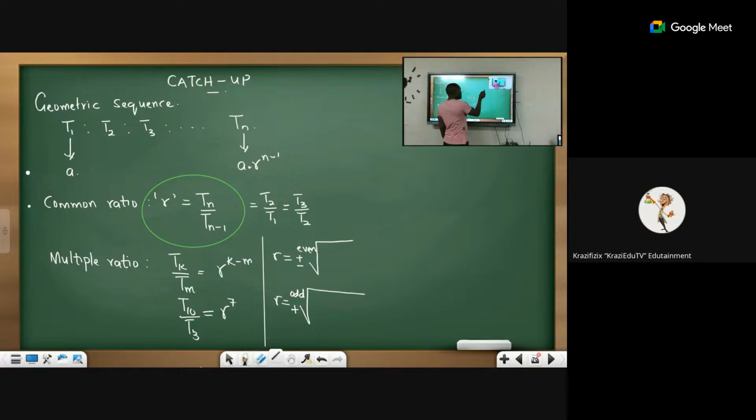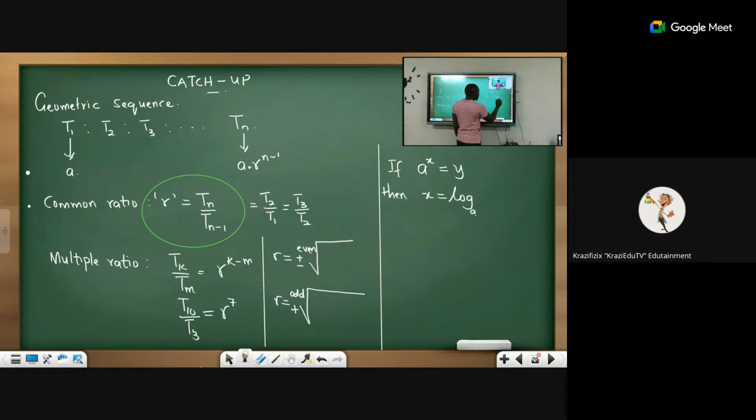Then I taught you something new yesterday, again algebra, saying if a to the power x is equal to y, then we can find x by using the log. A is the base, it will go as the base. So I think I used b, but doesn't matter anyway.